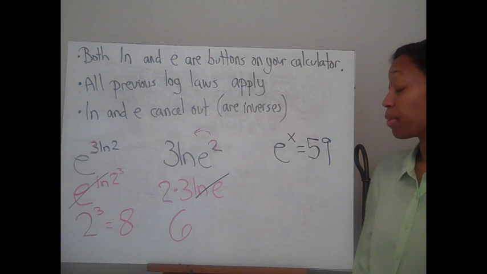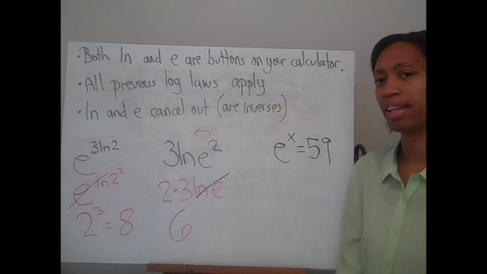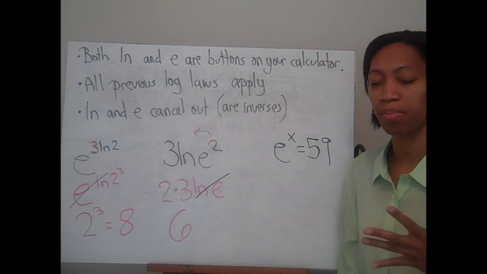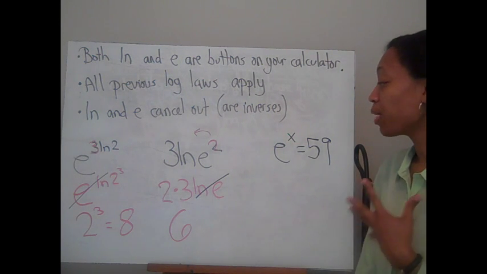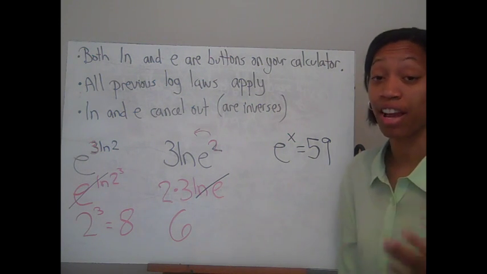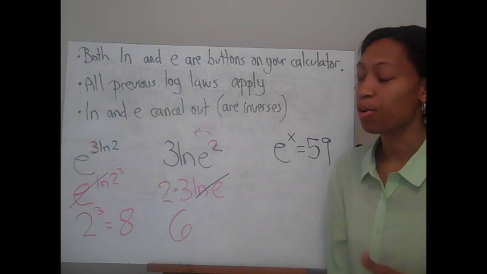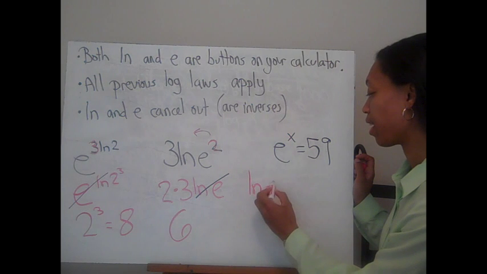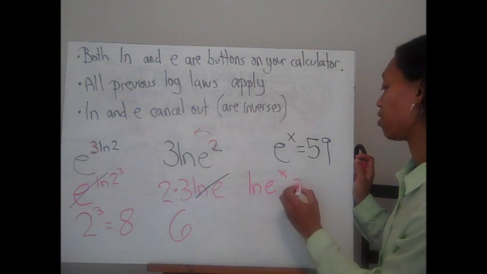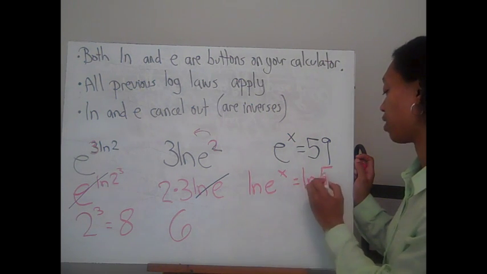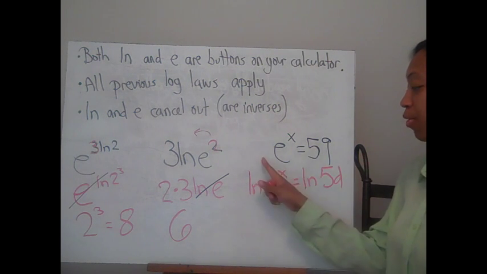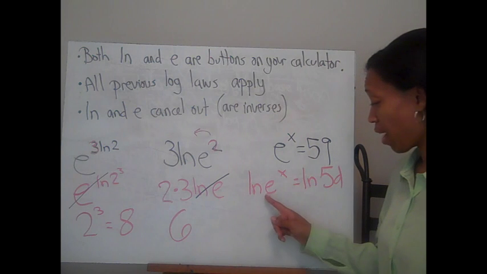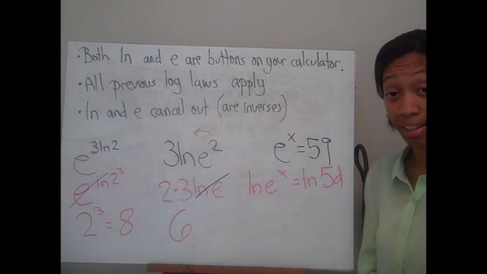How about this one? We haven't done anything like this yet. Here's how I'm going to solve it. I want you to get in this mindset as well: you can take the natural log of both sides. So I'm going to take the natural log of both sides, ln of e to the x equals ln 59. How that helps me is I have ln and e, and they cancel out.